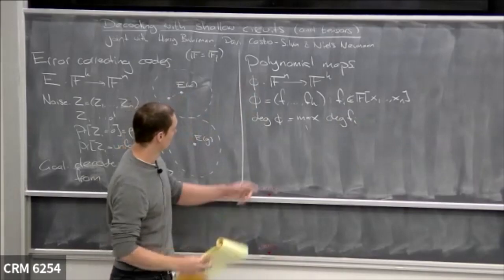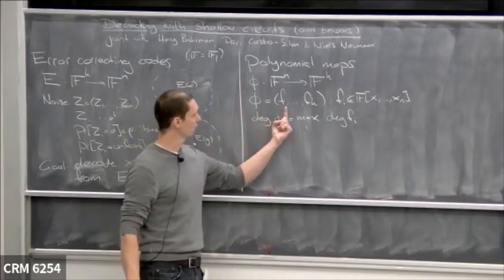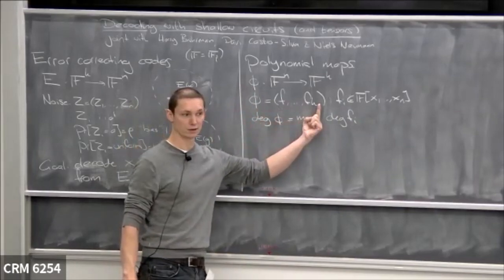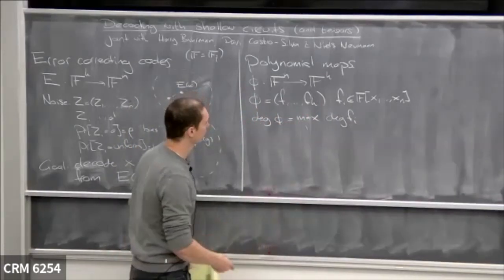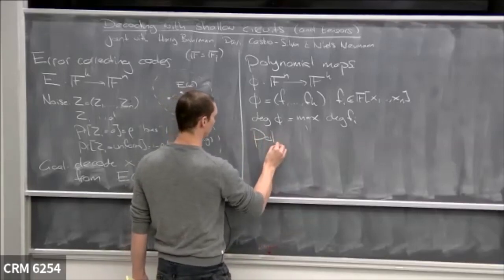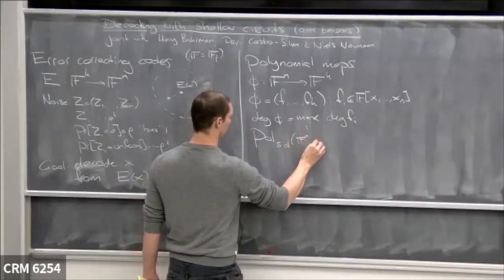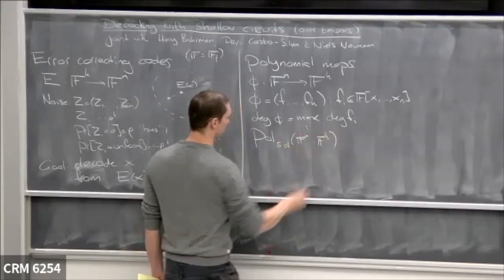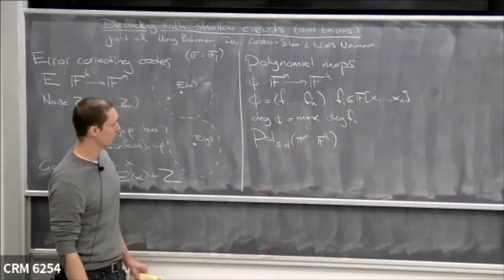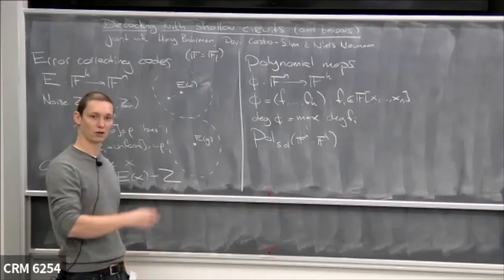I'll say phi has degree at most d if all of its coordinate polynomials have degree at most d. And it'll be convenient to introduce a bit of shorthand. So I'll denote by P_{at most d}(F^n, F^k) the space of polynomial maps from F^n to F^k whose defining coordinates all have degree at most d.